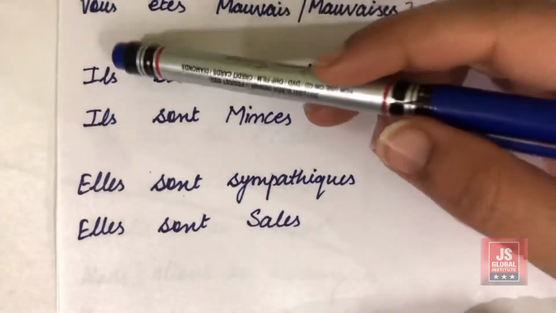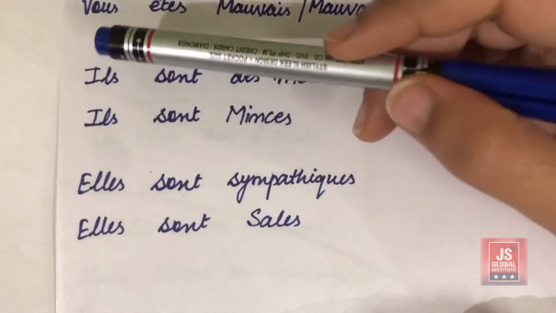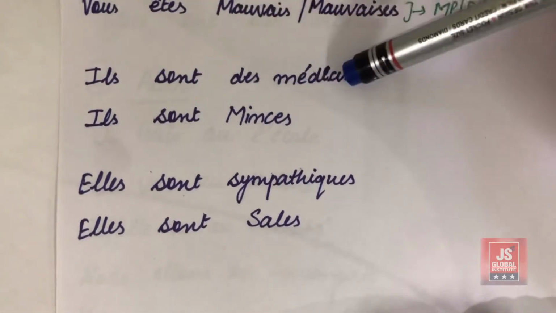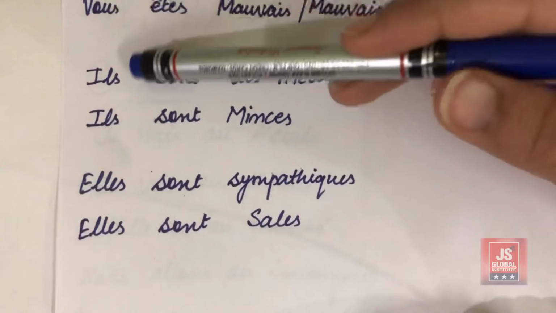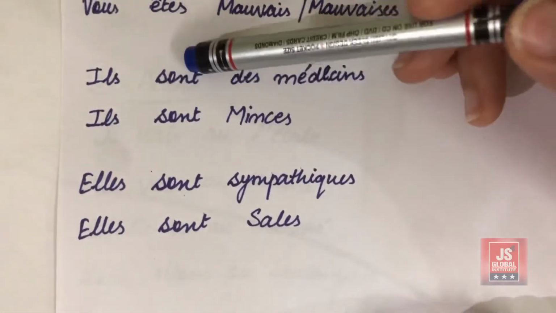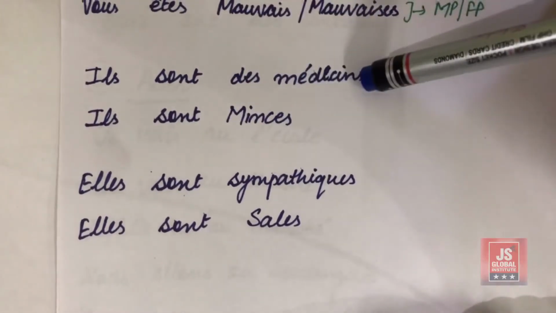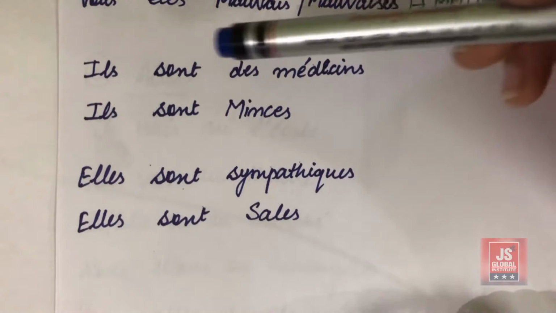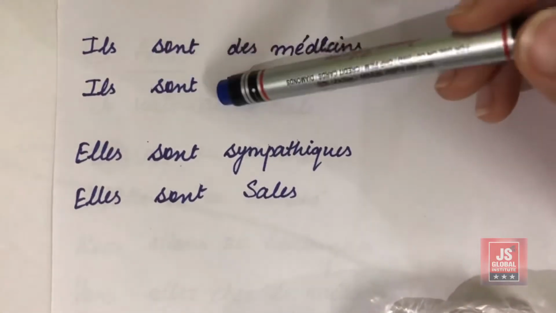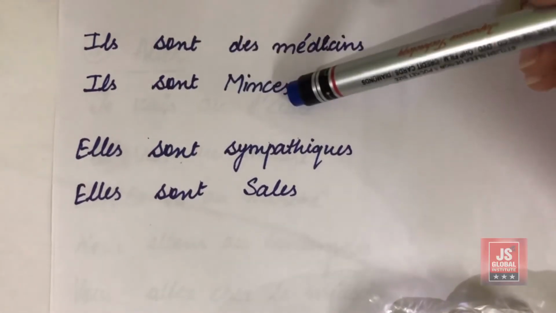So here I would use ils, and this ils includes all the male members. Ils sont des médecins. So conjugation with respect to ils for être is sont. Ils sont des médecins, that is they are the doctors. Okay, and if I want to say that they are very thin, I would say ils sont minces.